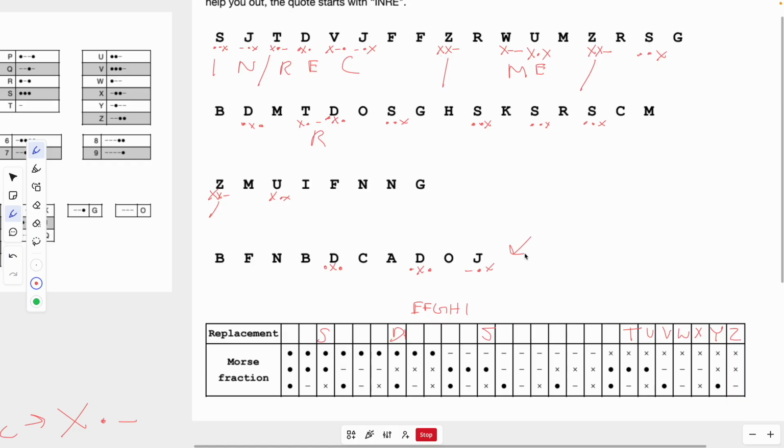Okay, so for the N, right? Sometimes the question will tell you how many X's there are at the end, but it doesn't have to. Even though it's the end of a word, you can end without two X's. In this case, you have a word here, but there's only one X at the end. Sometimes the question will say zero X's of padding at the end, meaning there are no X's.